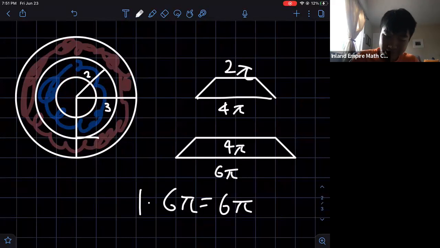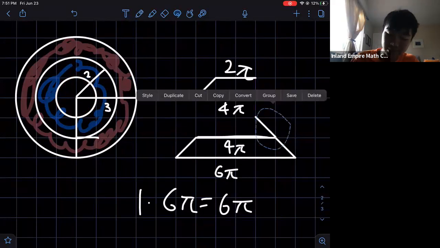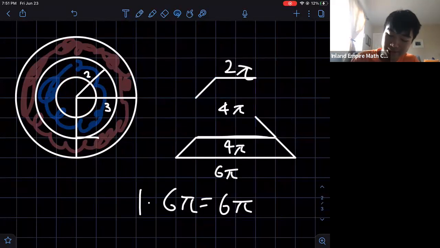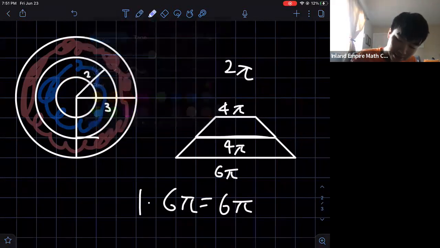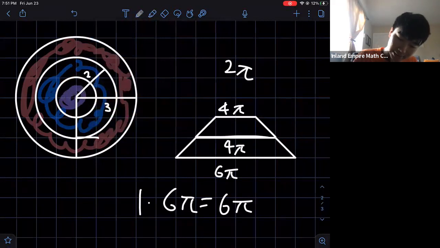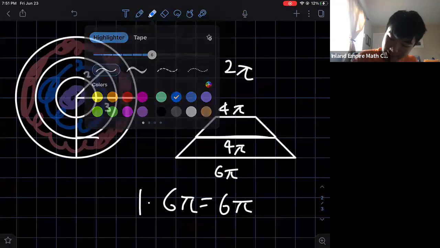But notice how we can stack this trapezoid right on top of the other trapezoid like this, and we will form a bigger trapezoid here. But what we need to do is now figure out what the area of this last little bit right here is. So let's highlight these to correspond.